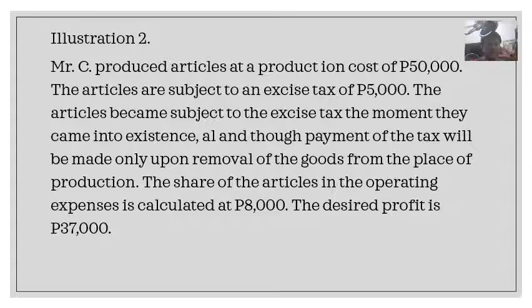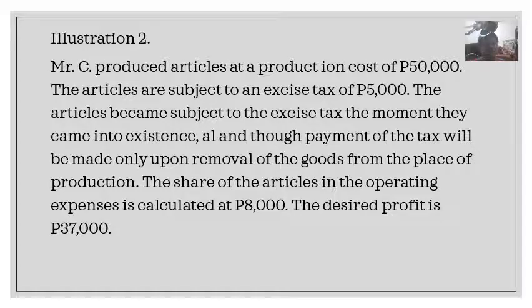So, ang selling price is, it must include all yung charges na dapat bayaran ni buyer dun sa seller. So, ano-ano yung mga yun? Siyempre, una, excise tax. Kasi manufacturer si Mr. C to subject sa excise tax. So, ipapass on niya yung excise tax. So, mayroon din daw share yung article sa operating expenses amounting to 8,000. So, babawiin din ni Mr. C yun.